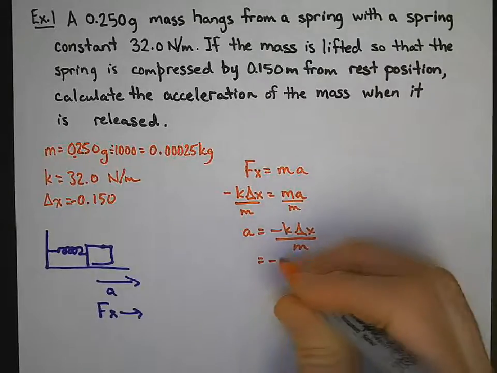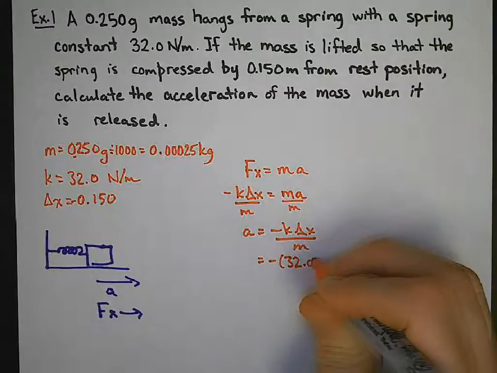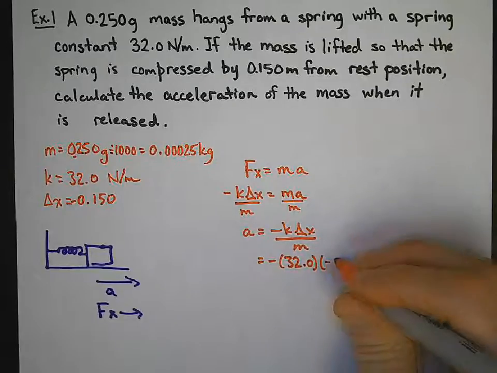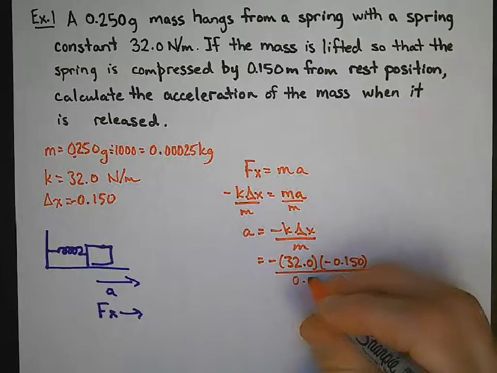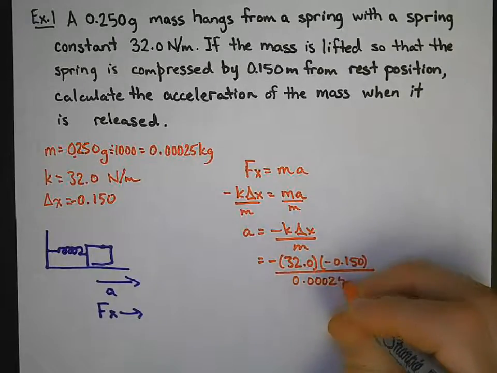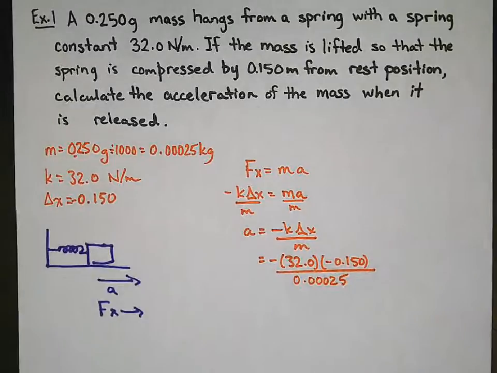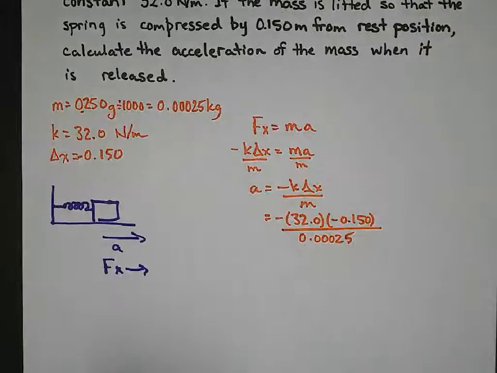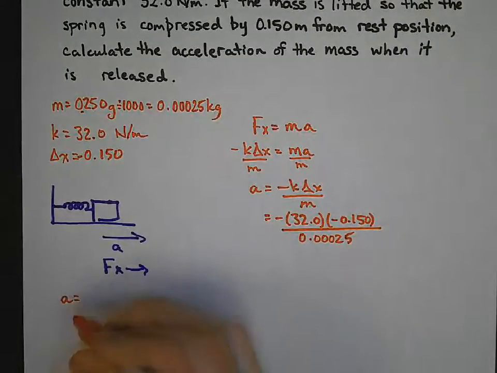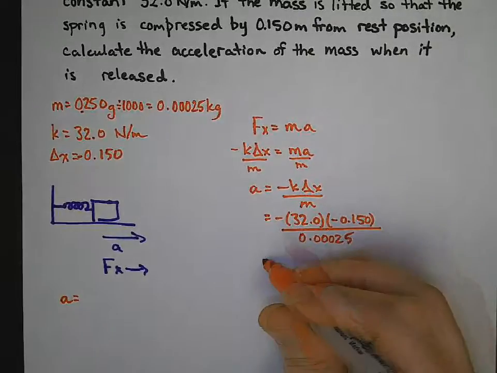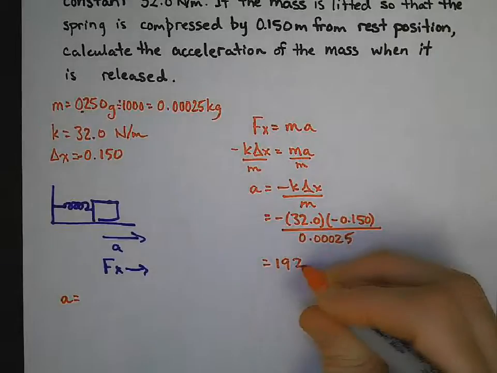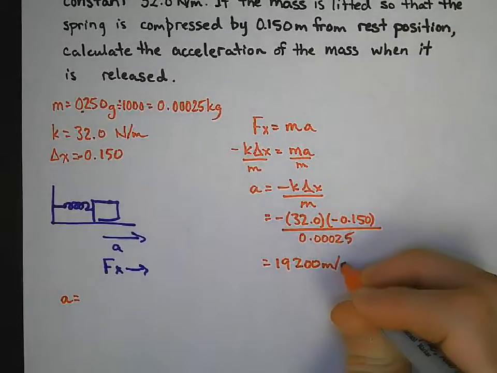So that will be negative 32.0, times our negative displacement, and all of that is divided by a mass of 0.00025. And when we plug that into our formula, we calculate 19,200 meters per second squared.